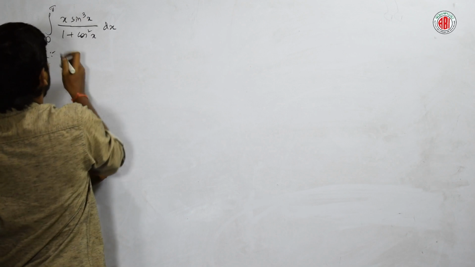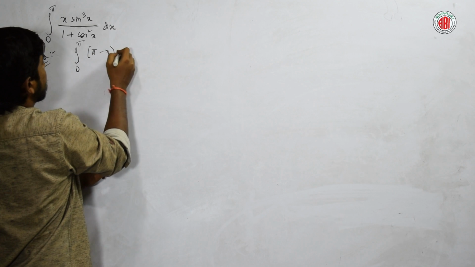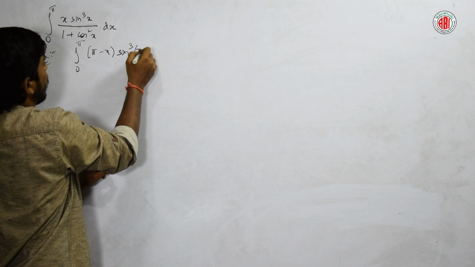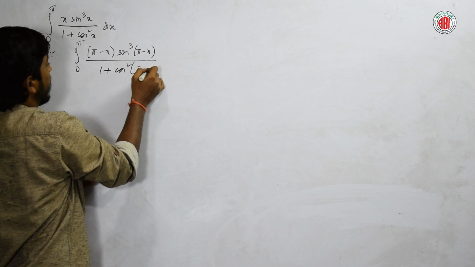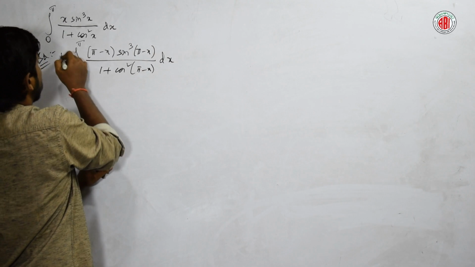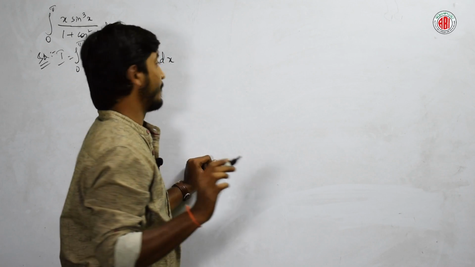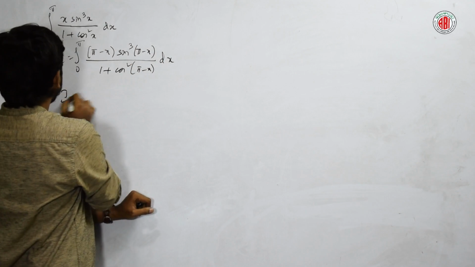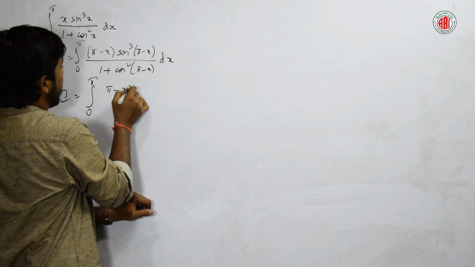Now let us substitute pi minus x: (pi minus x) sin cube (pi minus x) by 1 plus cos square (pi minus x) dx. First step, we have to assume that it is I. Now see here, I is equal to integral 0 to pi of (pi minus x).